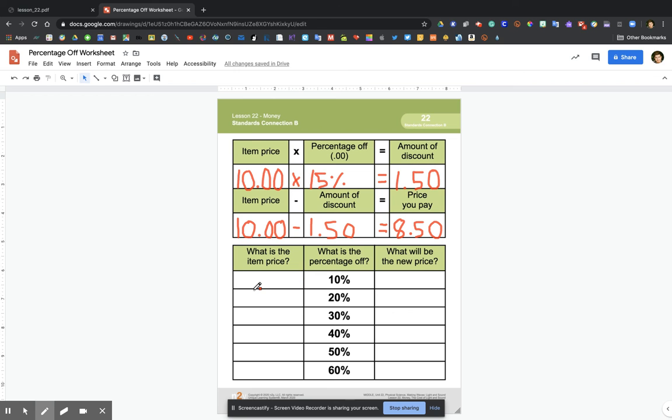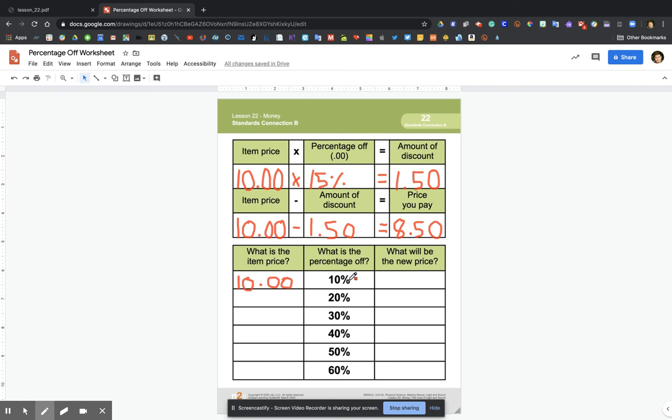And then down here, you pretty much do the same thing. So what is the item price? I'm just going to do the first column for you guys. $10. And then the percentage off is 10%. So $10 times 10% equals $1.